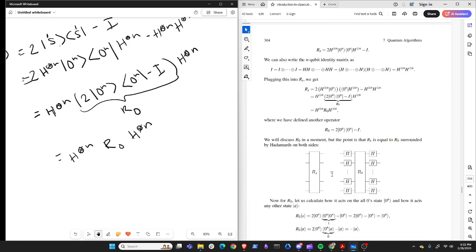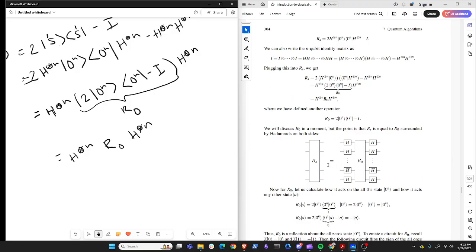And they've defined another operator in there, R of 0. So R of S is equal to R sub 0 surrounded by Hadamards on both sides, with H's on each side for each input qubit, for however many arbitrary n qubits we have.